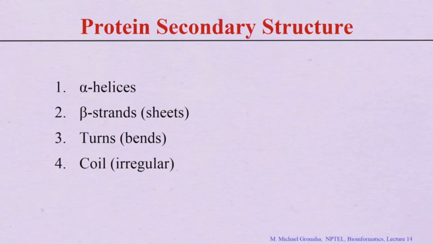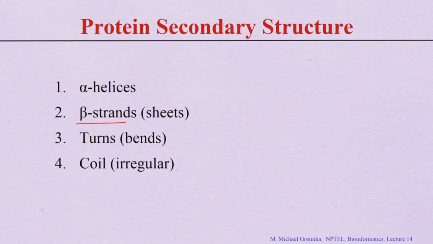What are the commonly occurring secondary structures in proteins? Alpha helices, because helices were the first to be identified in proteins, and the first letter of the Greek alphabet is alpha, so they called them alpha helices. The second is the beta strands, and some strands join together to form sheets.